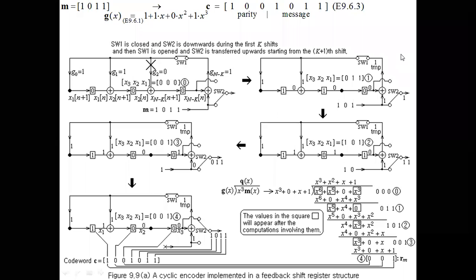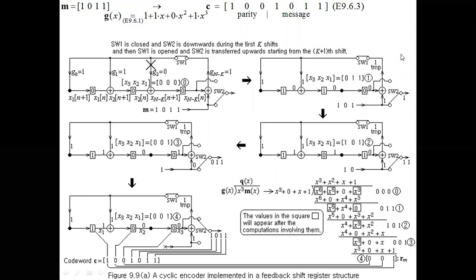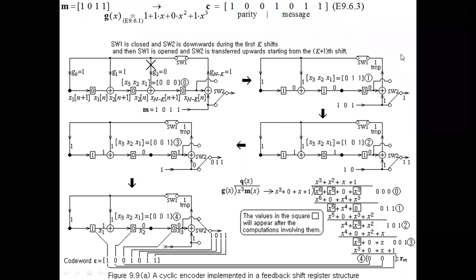You get the coefficient and the remainder. The remainder in the previous class was 1, 0, 0, which is the parity vector, and the message vector is 1, 0, 1, 1.